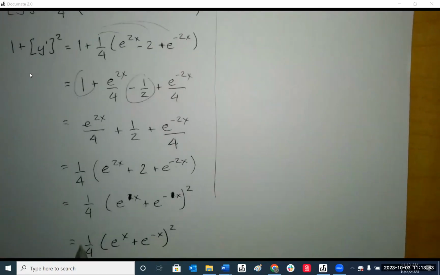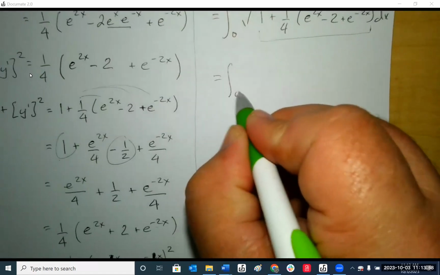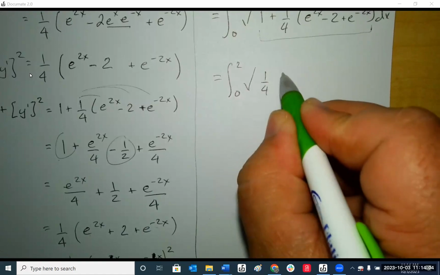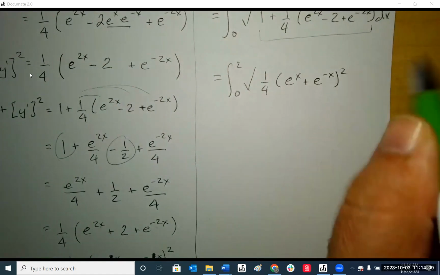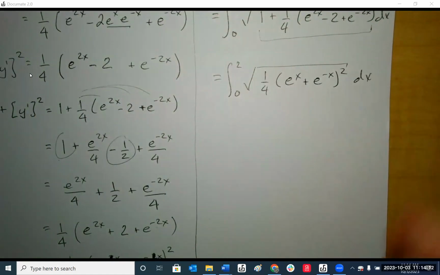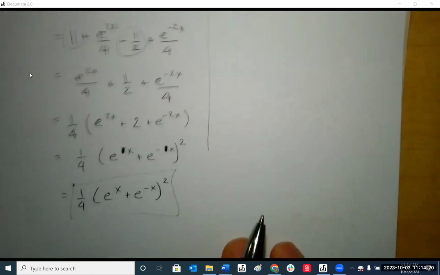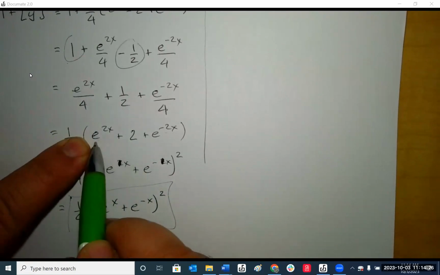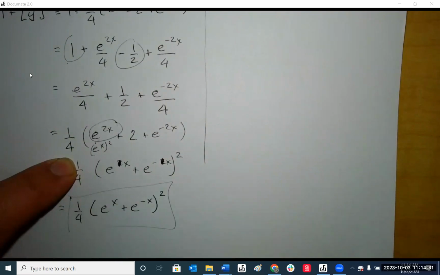All right. So now we take this part, plug it back inside here. The integral from 0 to 2 of the square root of 1/4 (e x plus e negative x) squared dx. This one on the bottom? Yeah, because as I'm looking at this, this equation here came from e x squared.